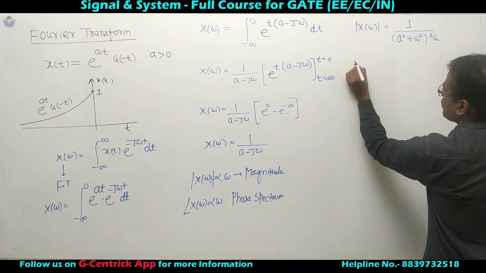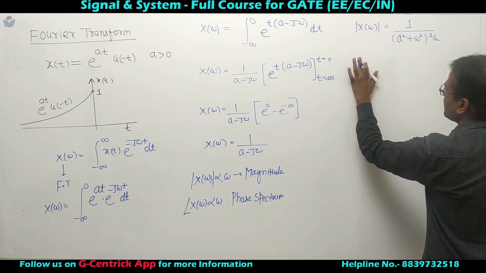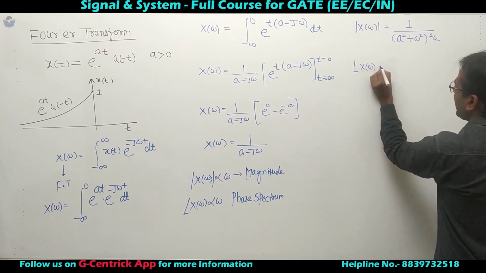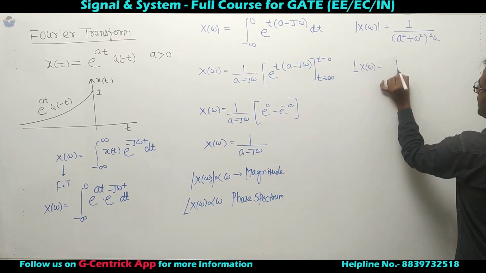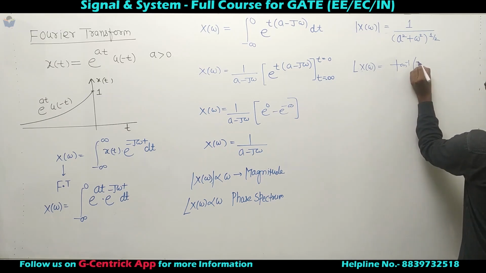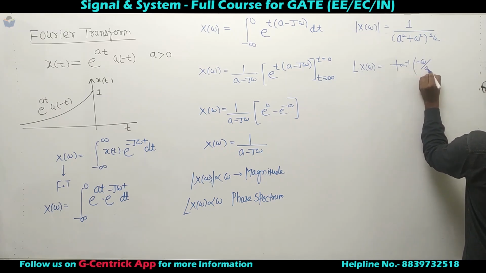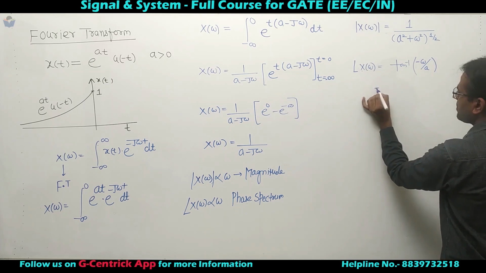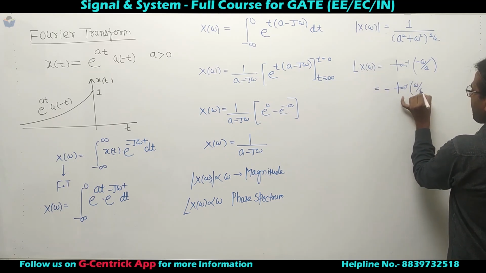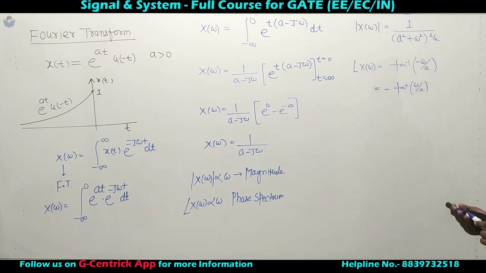And the phase of x of omega is given by tan inverse of minus omega by a, which I can write as minus tan inverse of omega by a. Fine. So we can draw this.